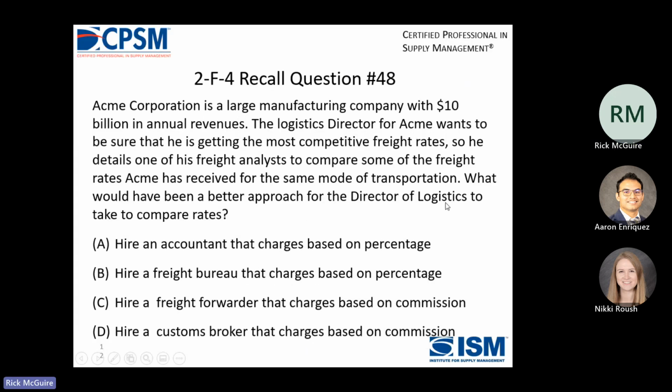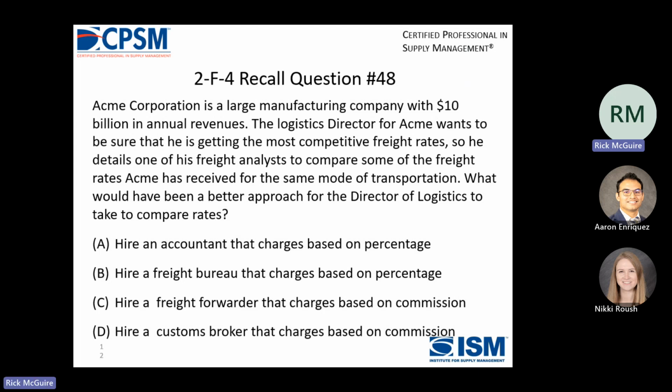One more. Acme Corporation is a large manufacturing company with 10 billion in annual revenues. The logistics director for Acme wants to be sure that he is getting the most competitive freight rates. So he details one of his freight analysts to compare some of the freight rates Acme has received for the same mode of transportation. What would have been a better approach for the director of logistics to take to compare rates?